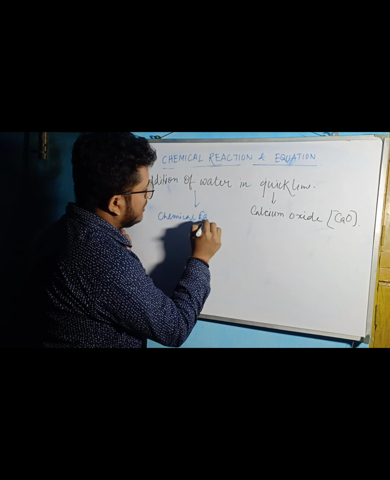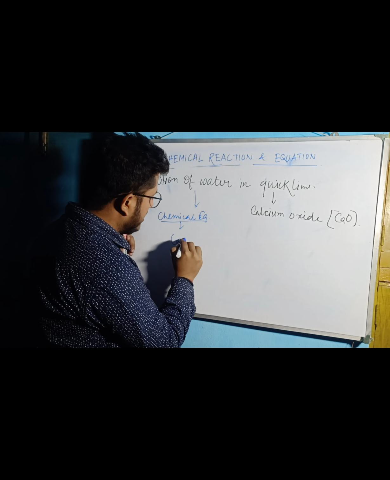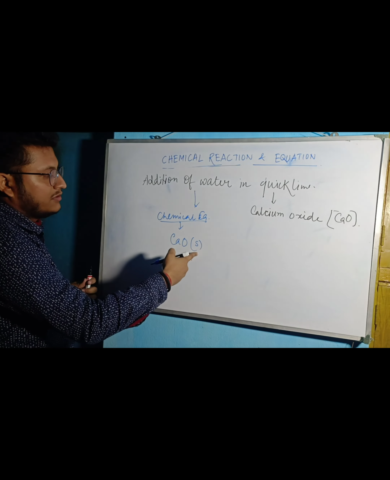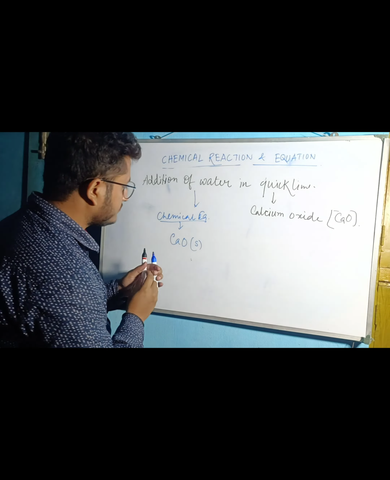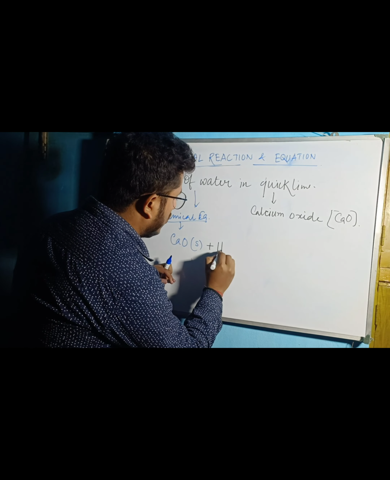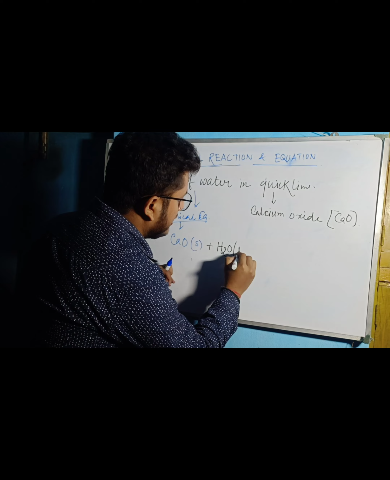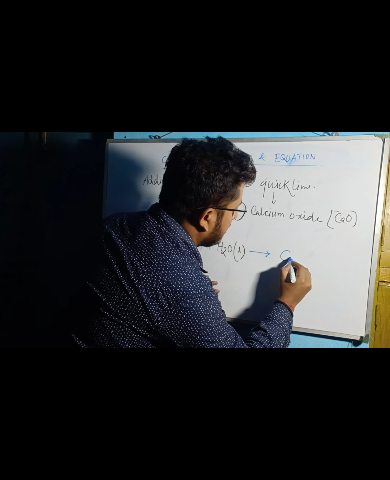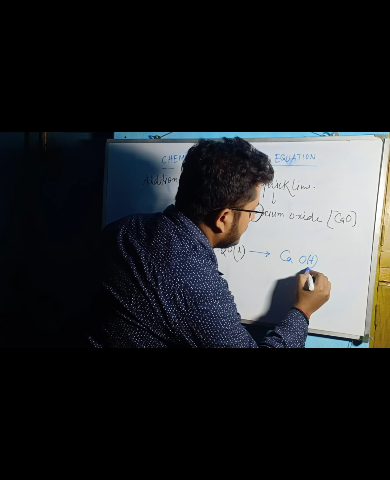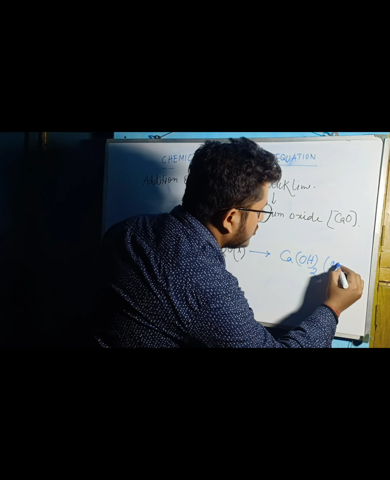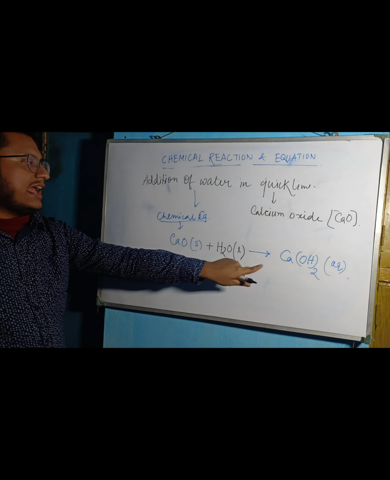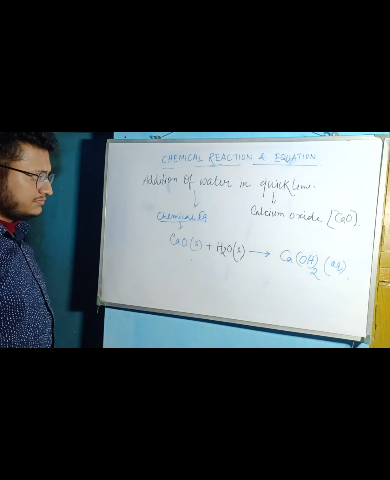CaO, specify its physical state, that is solid, plus water which is liquid, which will give you calcium hydroxide which is in aqueous form. So calcium oxide is solid, water is liquid, and calcium hydroxide is aqueous.